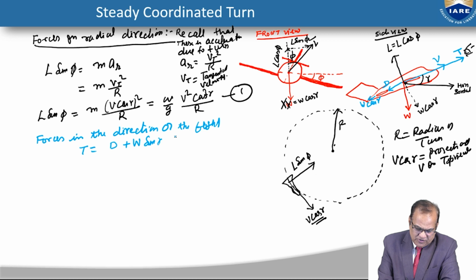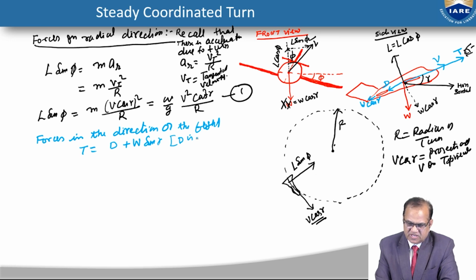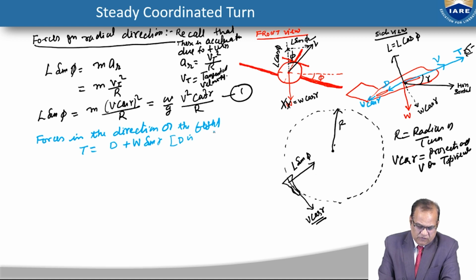So here we know that D is a factor of the drag coefficient. So we can write it in the drag coefficient form.